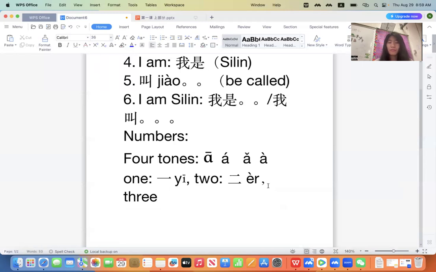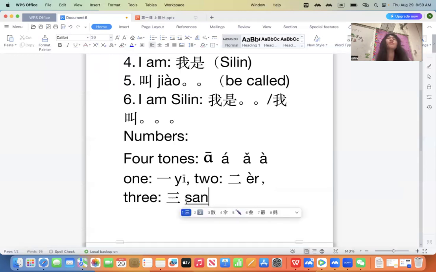So 3 in Chinese, we say san. What do you think, which tone? San, the first tone, right? If it's the second tone, how to say this one?